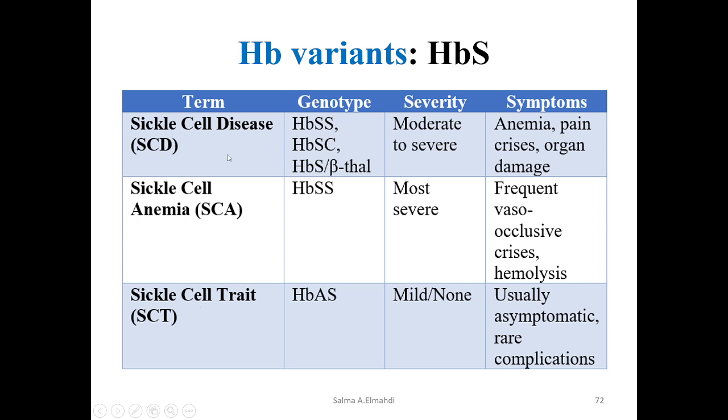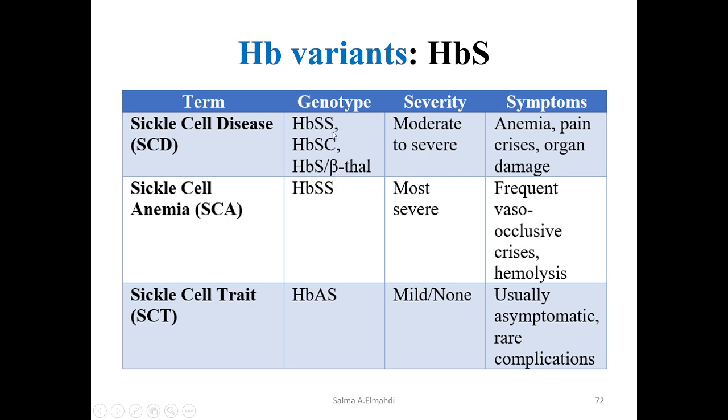Sickle cell disease, the phenotype includes hemoglobin SS, hemoglobin SC, and hemoglobin S beta thalassemia. So it will have either the two hemoglobins are S hemoglobin, sickle, so both of the beta chains have the mutation, the point mutation of sickle cell disease, or one hemoglobin chain is S hemoglobin and the second is C, or one is sickle and the other is thalassemia.